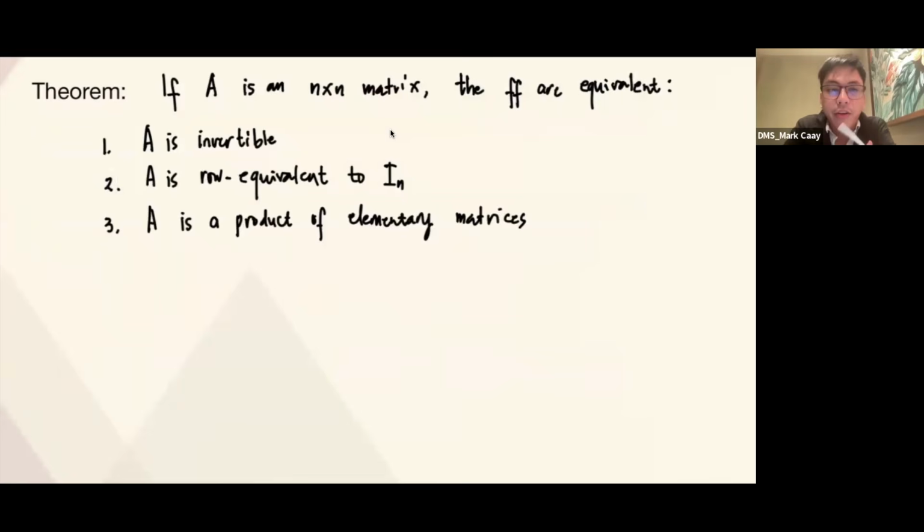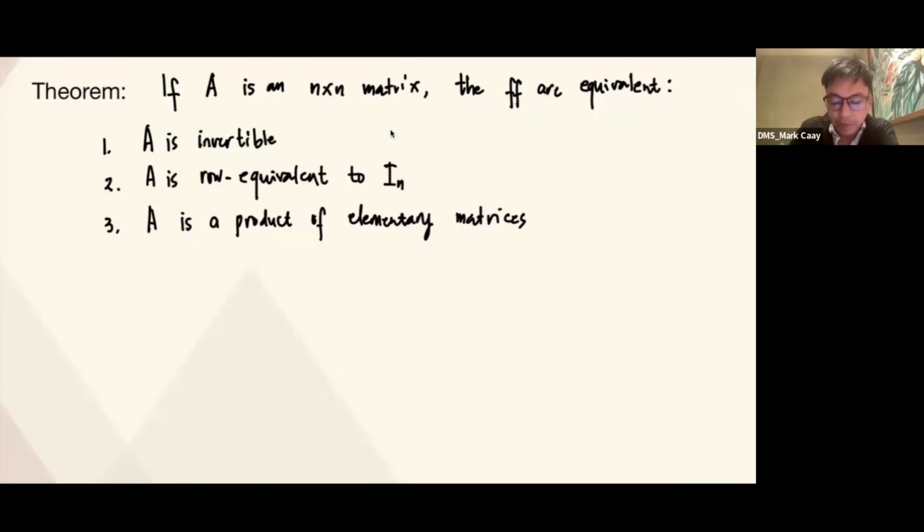Okay, so let's have another theorem here. Ang sabi dito na if A is an n by n matrix, the following are equivalent. So, okay, ganito ang equivalency niya. A is invertible if and only if A is row equivalent to In, if and only if A is a product of elementary matrices.